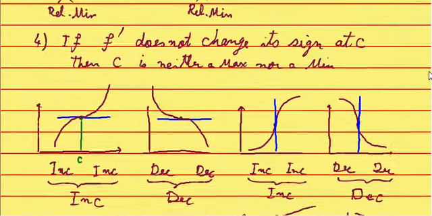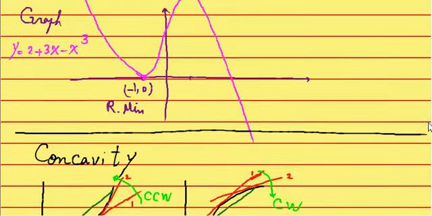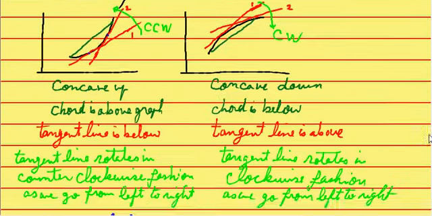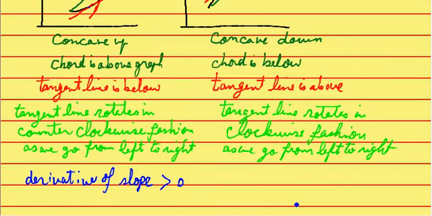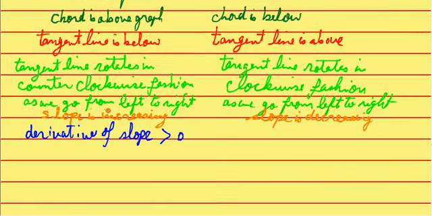Now what we are saying is that the slope is increasing. Let me write it here perhaps to help you. Slope is increasing as we go from left to right. In this case, slope is decreasing as we go from left to right. Well, if something is increasing, its derivative is positive.